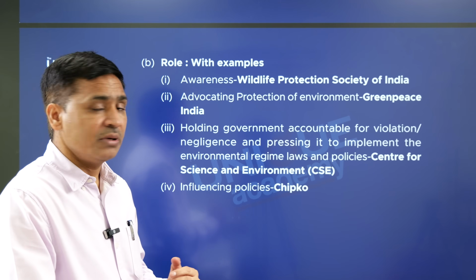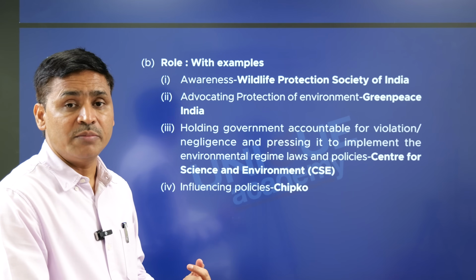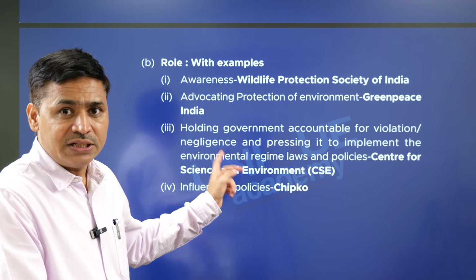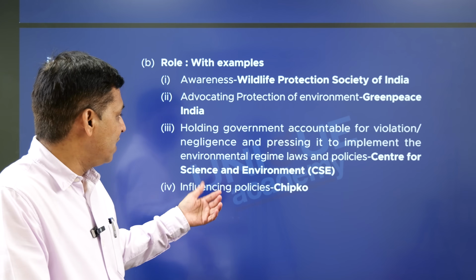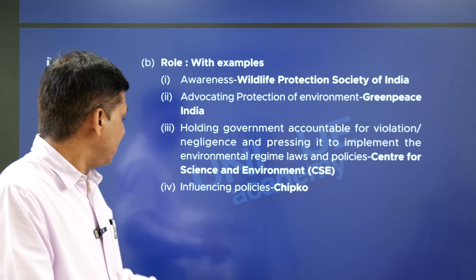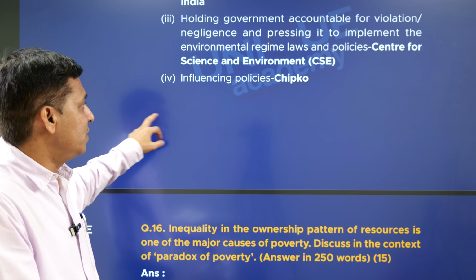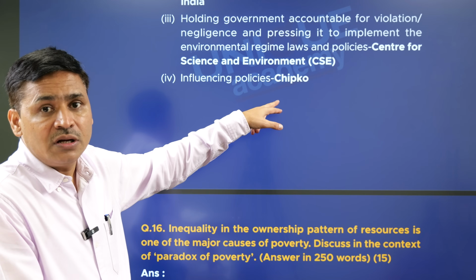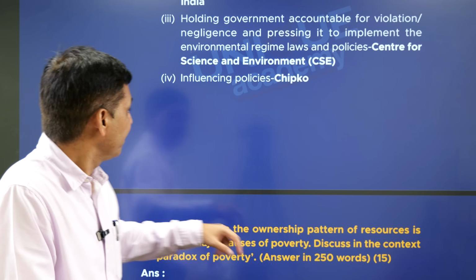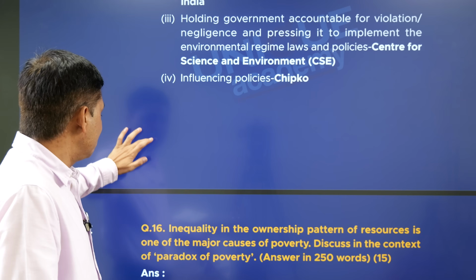Holding government accountable is also a very important role played by environmental pressure groups, and I'm sure you must be reading regularly from the Centre for Science and Environment. And then influencing the policies. UPSC actually had asked a specific question on Chipko in terms of influencing policy.